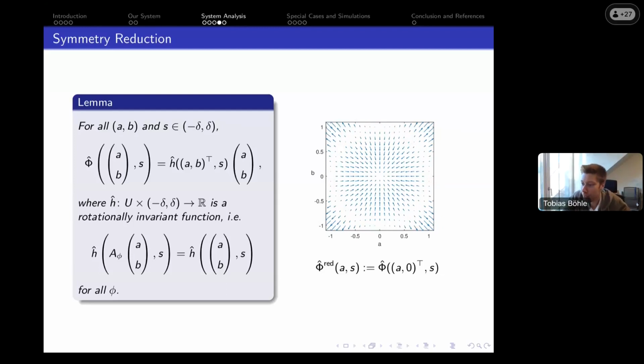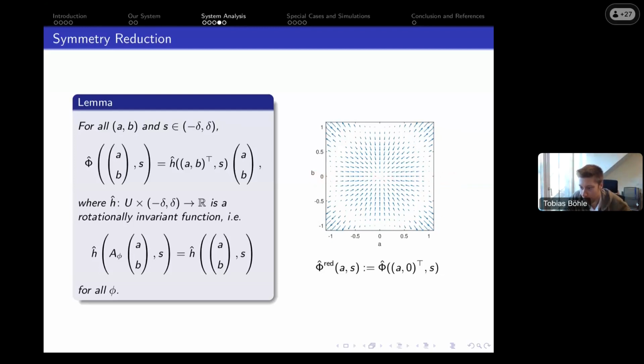And that's quite convenient because it means that if you have a solution or a point where phi hat is equal to 0, so a pair here, then you can construct all the other solutions by just taking this solution and rotating it around the circle. So you can also restrict the search of zeros to just the line where b is equal to 0.